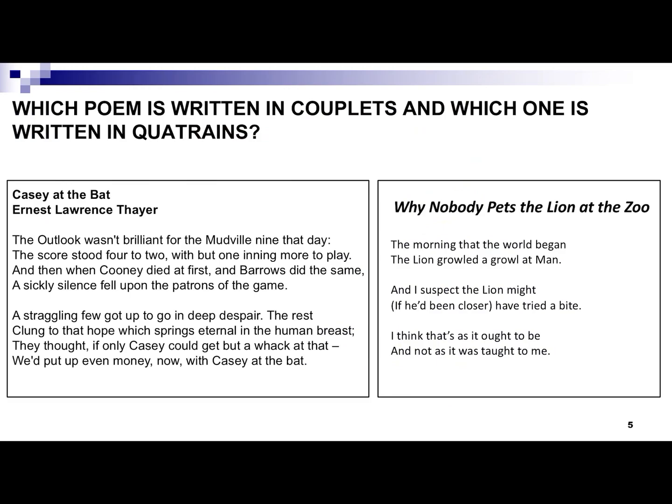Remember, just by glancing here, we can look and see how many lines are in each stanza. So if we look at Casey at the Bat, each stanza has 4 lines, and those lines at the end, they do have a rhyme scheme. So Casey at the Bat then would be a quatrain. Why Nobody Pets Lions at the Zoo is written in 2-line stanzas, and they rhyme at the end of each stanza. So that would be a couplet.